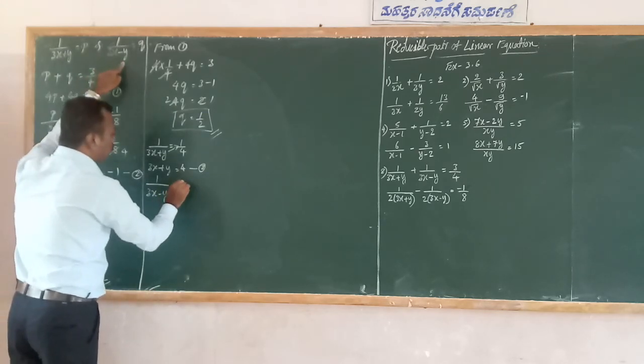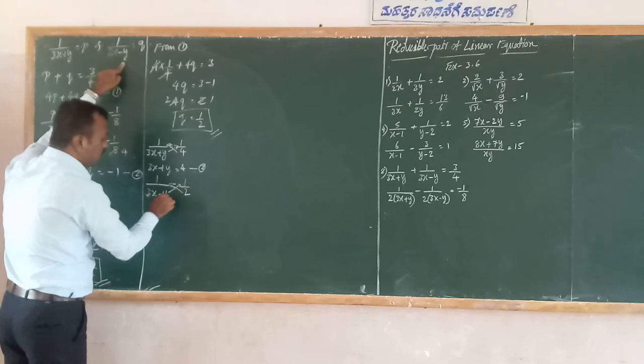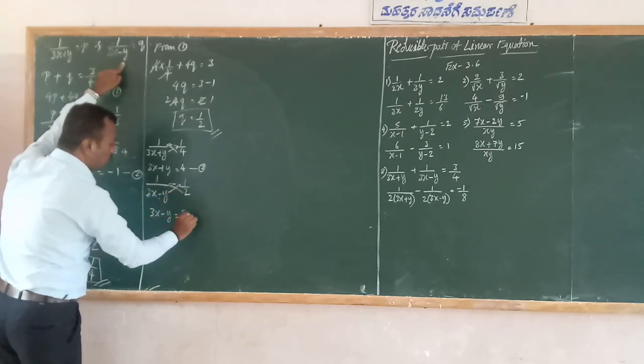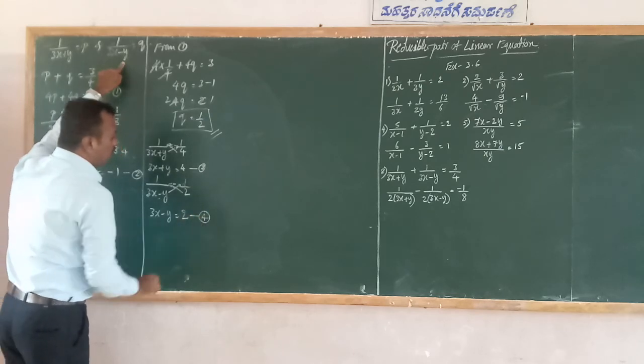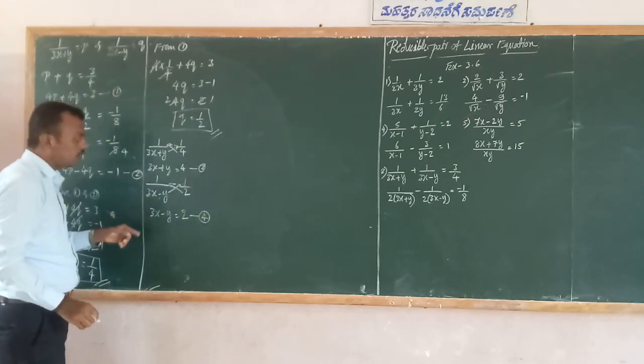is equal to q. q means what? 1 upon 2. So again we have to cross multiply that. 2 into 1 is 2, 3x minus y into 1, 3x minus y, is equal to 2 ones are 2. So this is equation number 4. Now again solve the 3 and 4 equations, then you can get the x and y value.